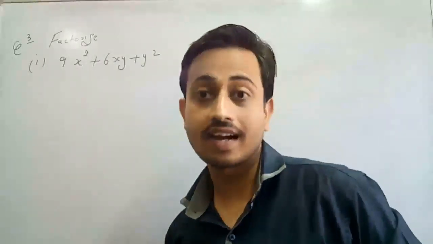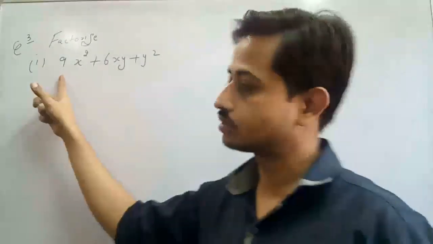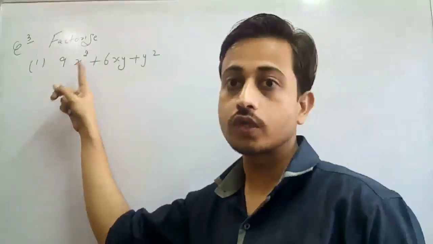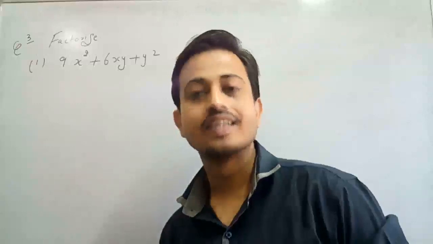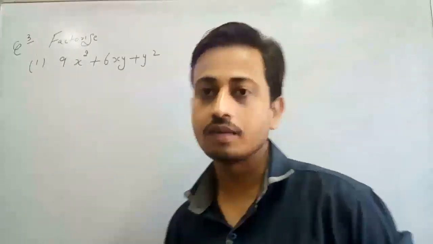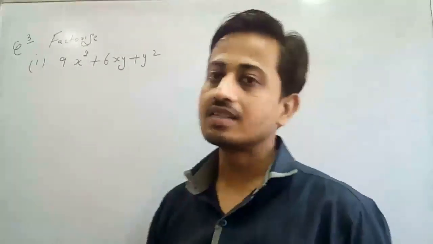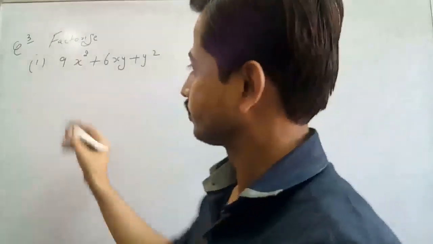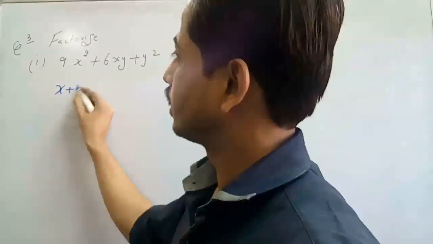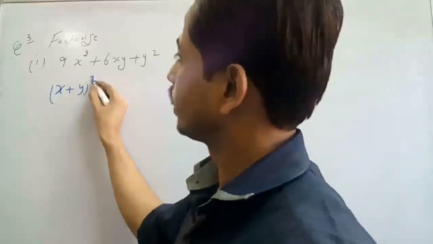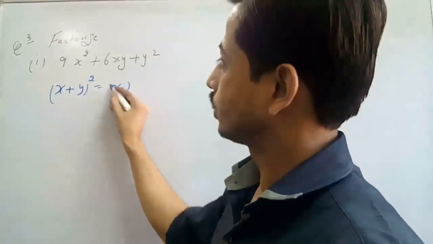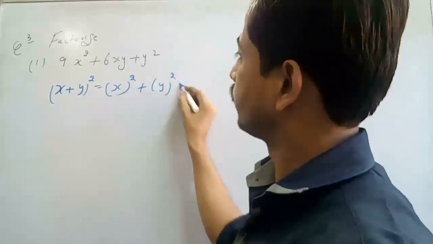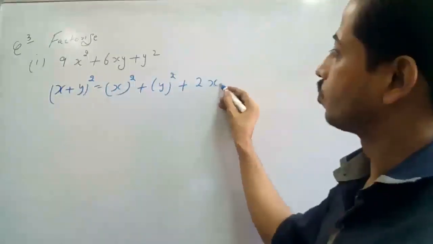We have to factorize. Now look at the terms: 1, 2, 3 terms, and in terms of square. So what's the identity? x plus y whole square, because all the terms have a positive sign. x plus y whole square is x square plus y square plus 2xy.